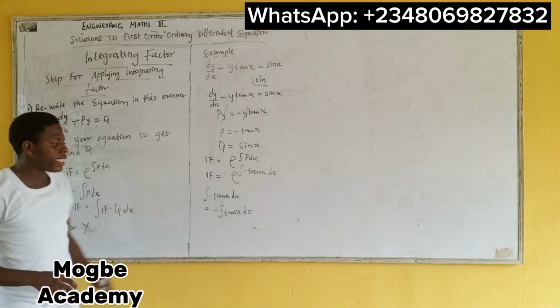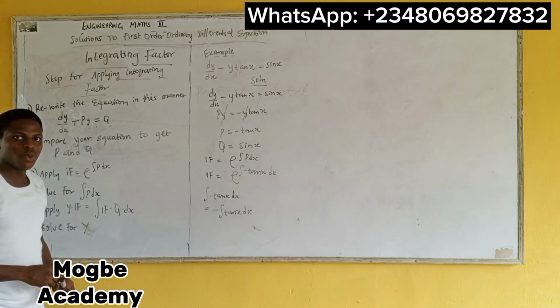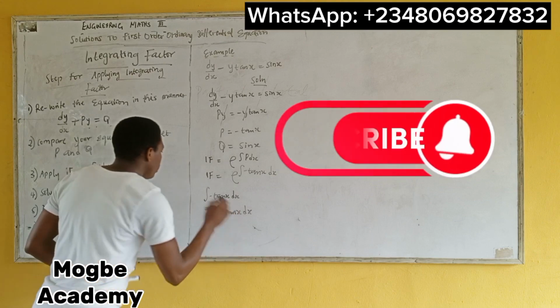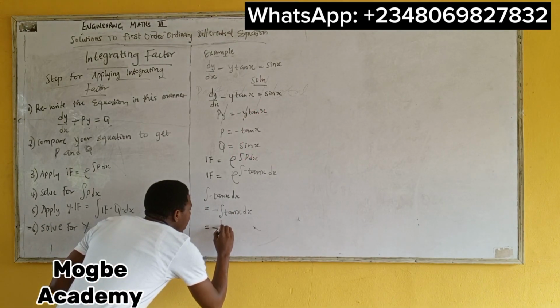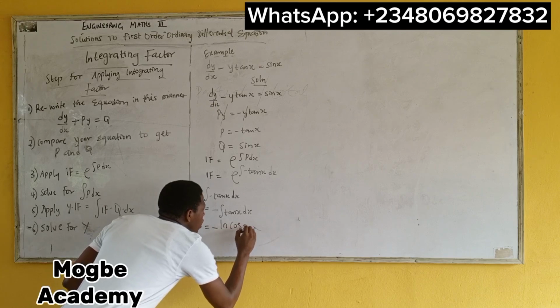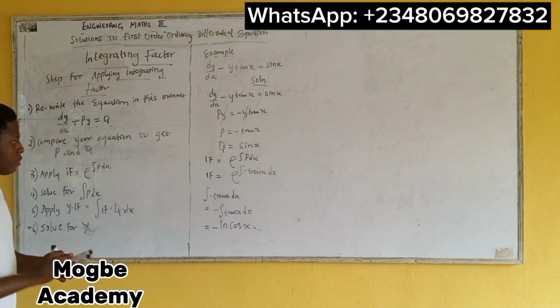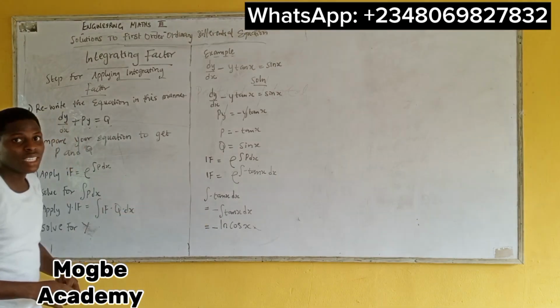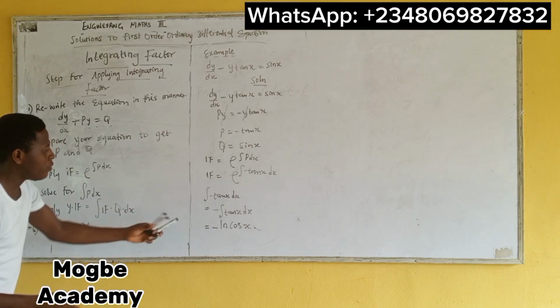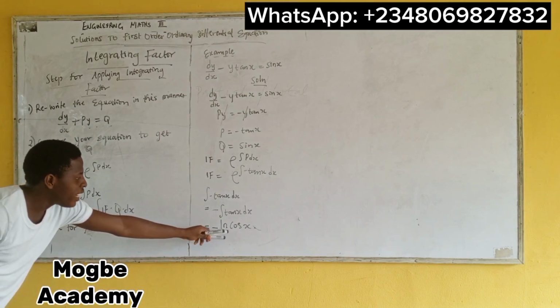Now we can integrate tan x. If you integrate tan x, this is equal to minus ln cos x. You can do that using your elementary trigonometric integration.